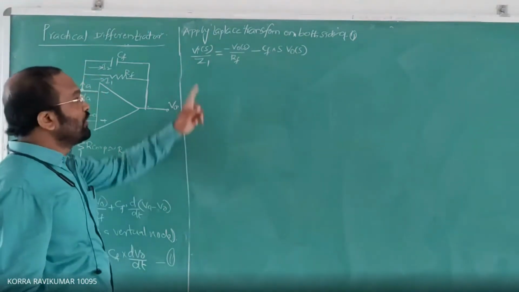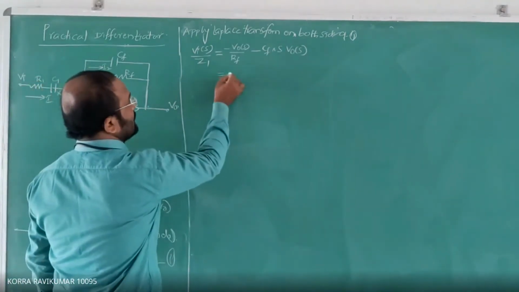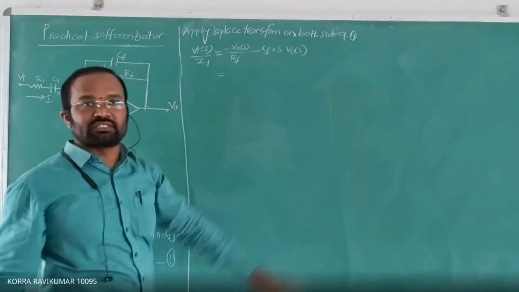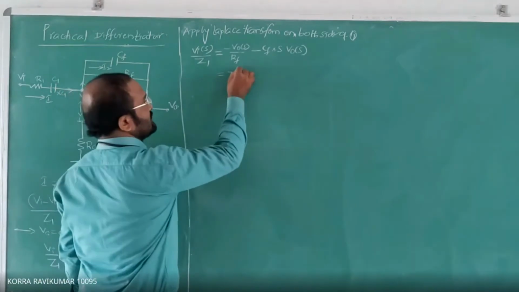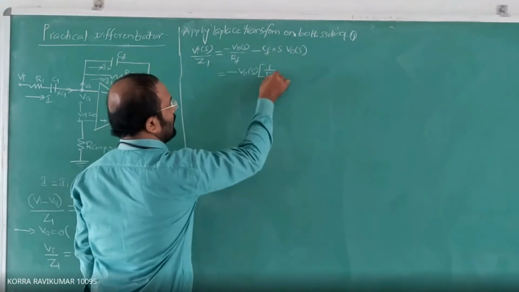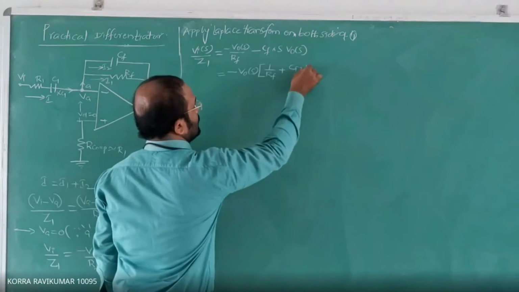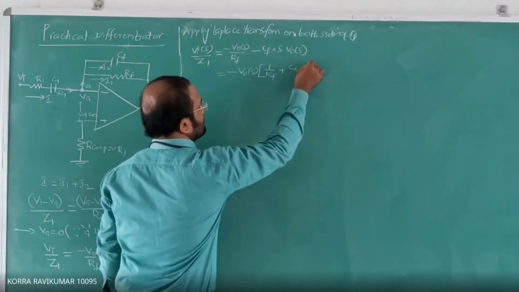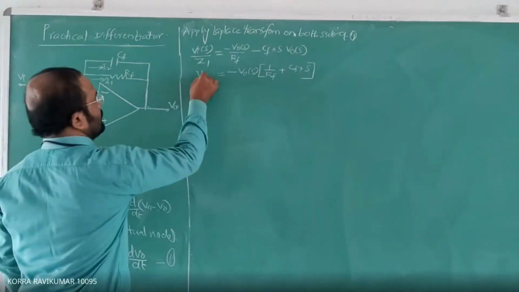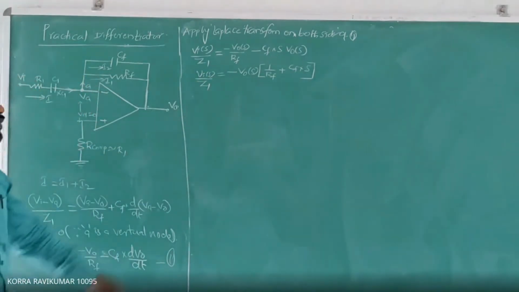Now, what is Z1? Before going to that, first take the common term here. In this term V naught is there, in this term also V naught is there. Take V naught as common. So minus V naught, if you take the common, then the equation becomes 1 by RF plus CF into S, which equals Vi of S divided by Z1. What is Z1?